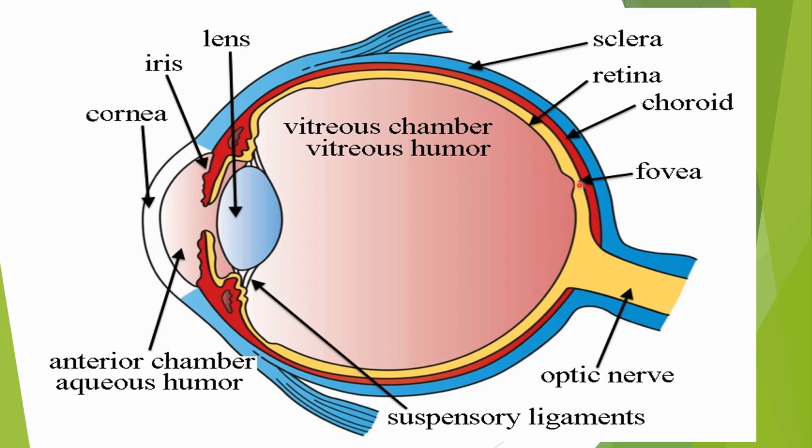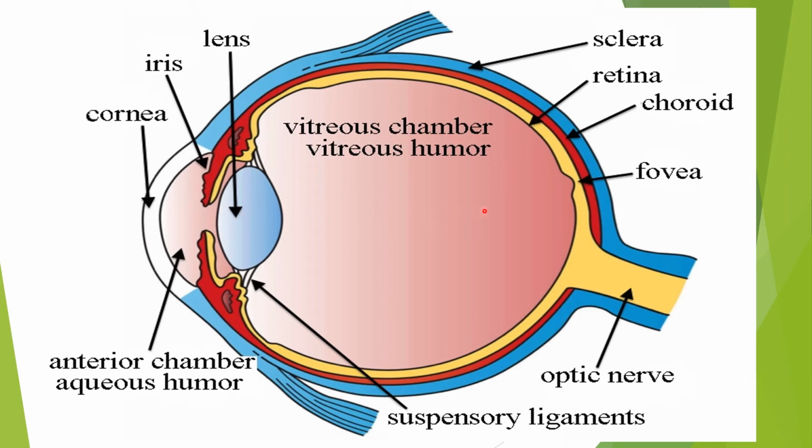Now the fovea is a central depression located in a structure called the yellow spot. The yellow spot, or macula lutea, is located at the exact center of the posterior portion of the retina, corresponding to the visual axis.